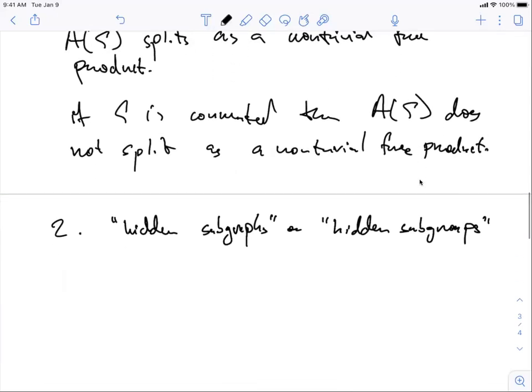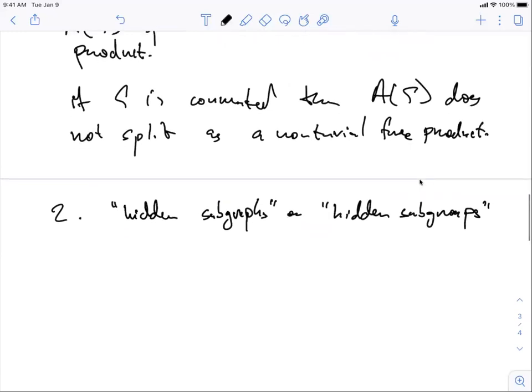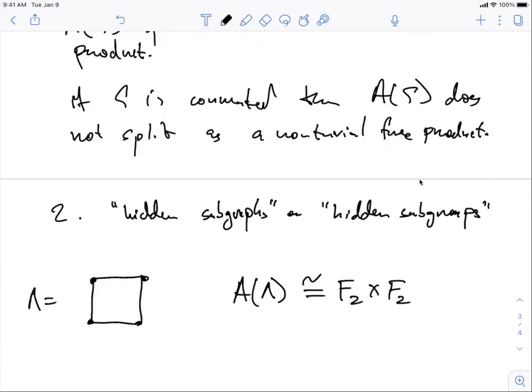One considers this very specific graph, let's call it lambda, which is just the square. There are two pairs of diagonal vertices which generate free groups of rank 2, and they commute with each other. And so A of lambda is isomorphic to a direct product of 2 free groups.